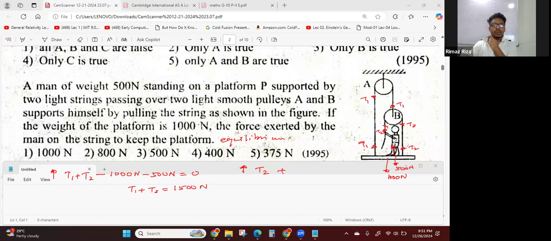So that normal reaction force is equal to, okay, so here I can't say this is 500 straight away. Okay, wait, hold on, I will do this question.